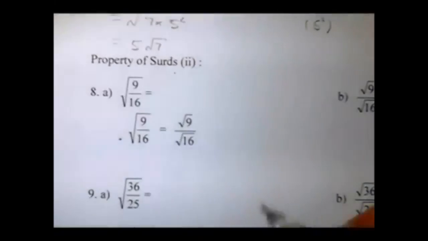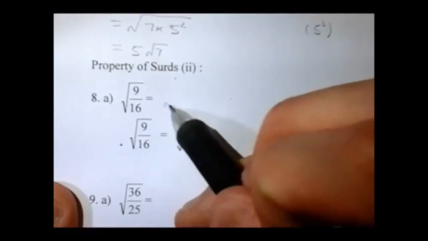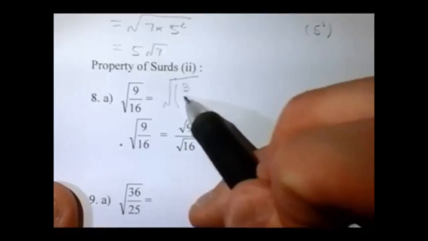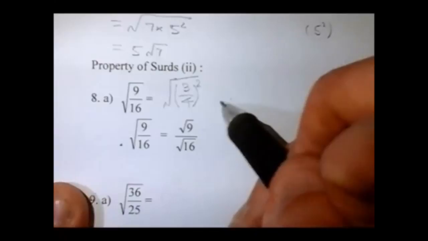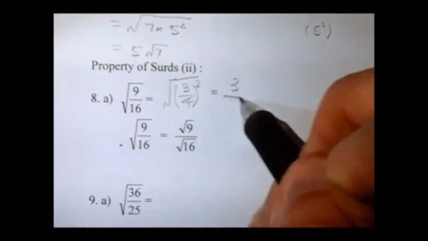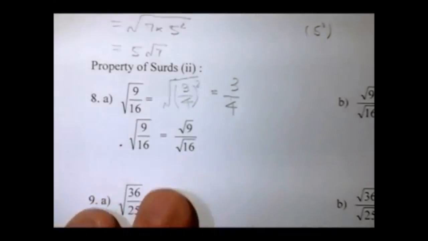Here we come across a root of a fraction. Root of 9 over 16 is actually equal to root of 3 over 4 all squared. So by using the property before, this one is equal to 3 over 4. This is the way to simplify this one.